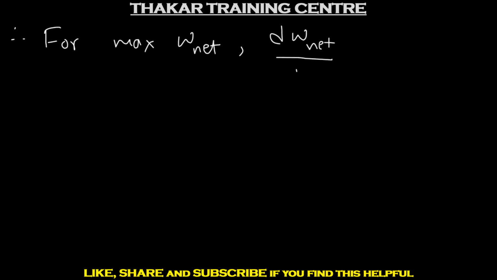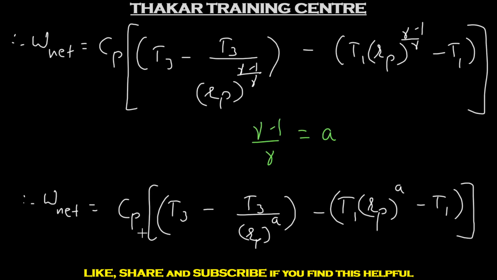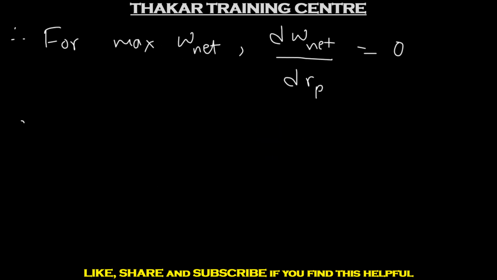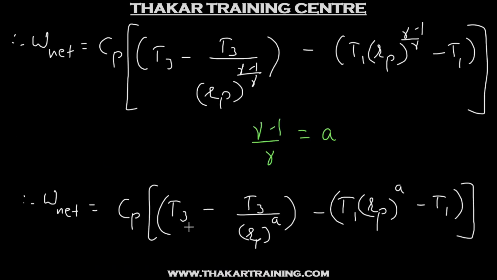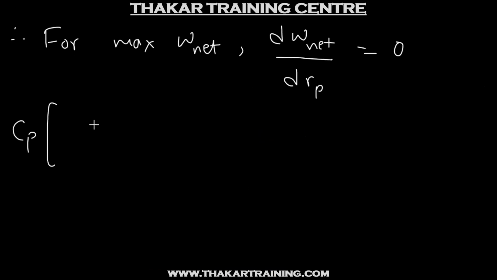So for maximum work output, that is maximum W net, dW net by dRp should be equal to 0. So we will have Cp is a constant, and T3 is a constant, so its derivative is 0. Minus T3 upon Rp raised to A: T3 is a constant, so we have minus T3 as it is.